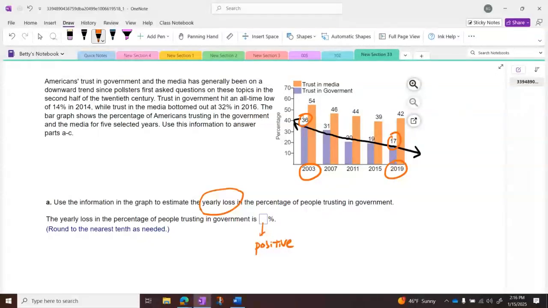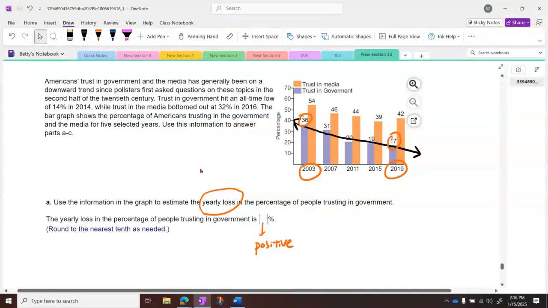That doesn't make any sense, right? You lost $5 because loss already indicates that you're losing, you have less money. So you do not need to put a negative number in part A, but yes, you need a negative number in part B.